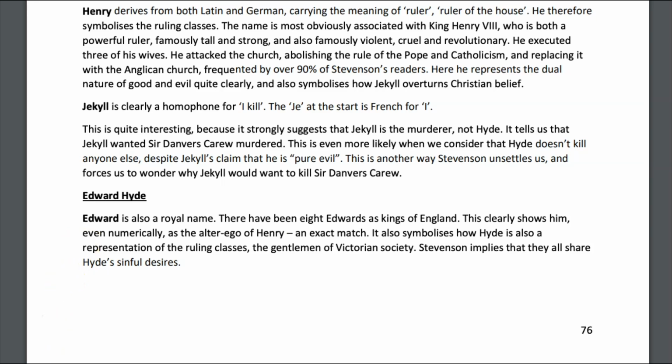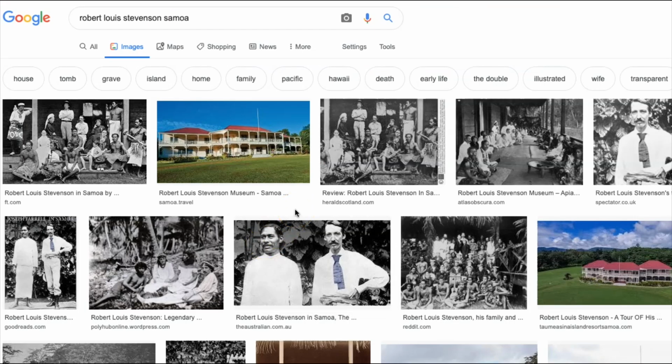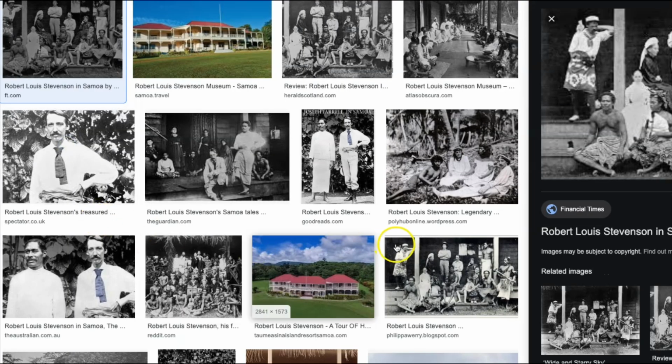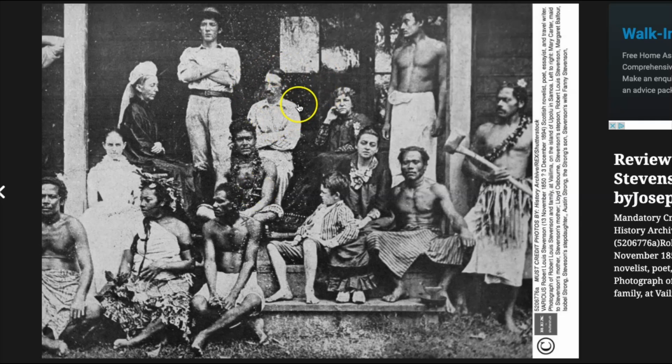Now, here's another bit of context for you, which will take you further into the grade 9. Stevenson really disliked English society, and just a year after he'd finished the novel of Dr. Jekyll and Mr. Hyde, he set off on his travels, leaving England forever and eventually settled in Samoa. And if we click on this picture here, you can see Stevenson there with his wife Fanny, sitting with his guests.